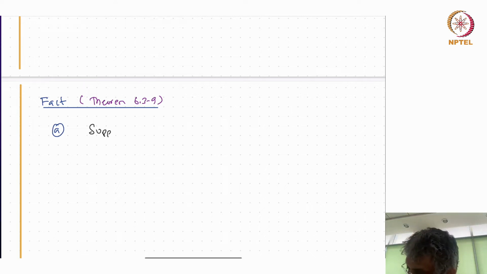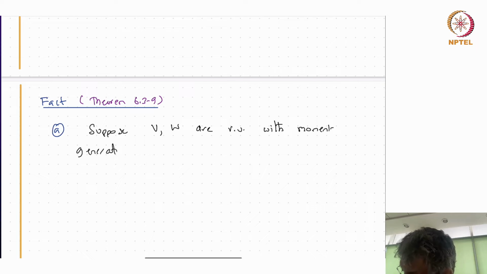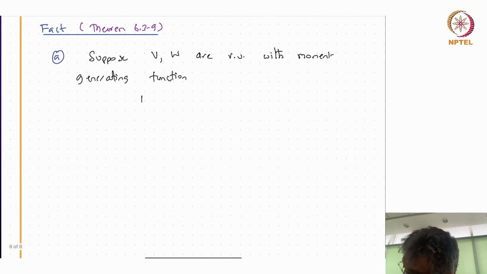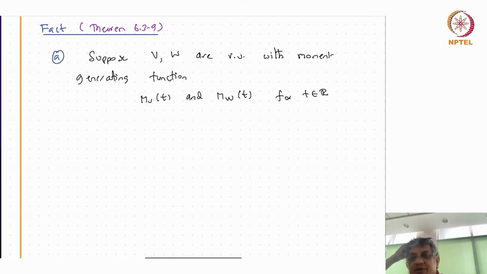Suppose we had random variables V and W with moment generating functions M sub V of t and M sub W of t for t in R. Again, I write t in R, but I think of it as only where the functions are defined; otherwise you say it doesn't exist.